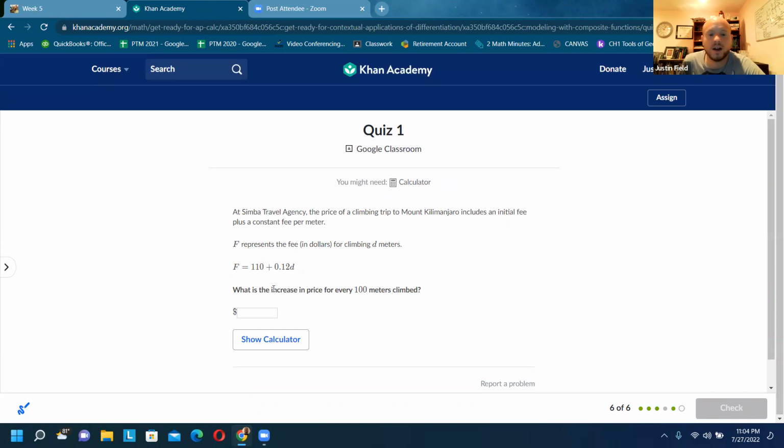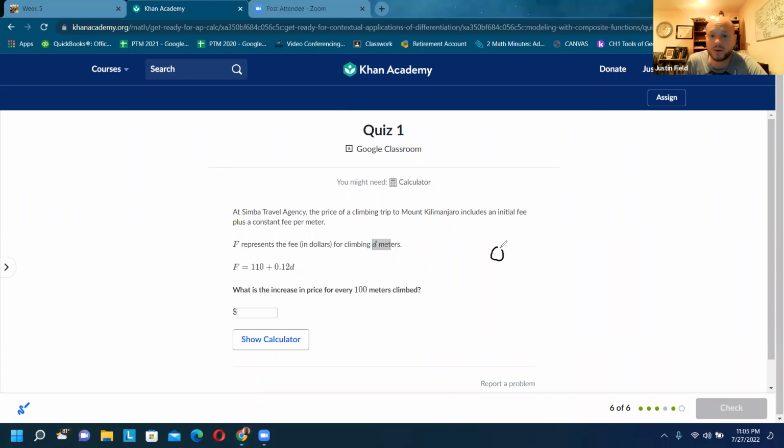Okay, so we have our slope intercept form here, right? Was the increase in price, and D is the, okay, so we got back to Simba's travel agency. Was the increase in price for every 100 meters climbed? So what does D represent? D is meters, right? So we can see that the price increases, because the slope is positive.